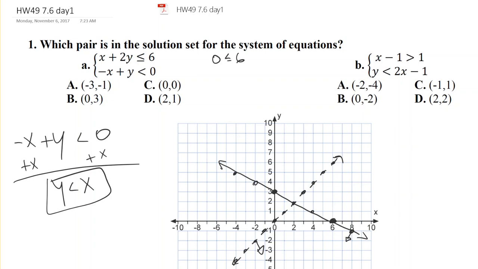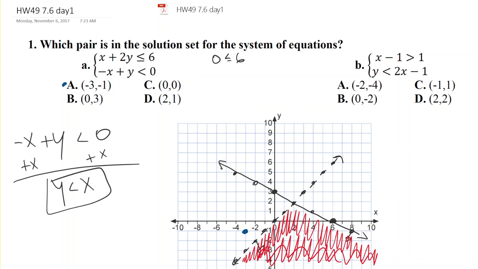And now the question is A, which is in blue here, negative 3, negative 1. Is that a solution? So we need to know if we didn't shade. Our solution, right? What part is below both of these? Well, we'd shade everything in here, below the solid line and below the dashed line.